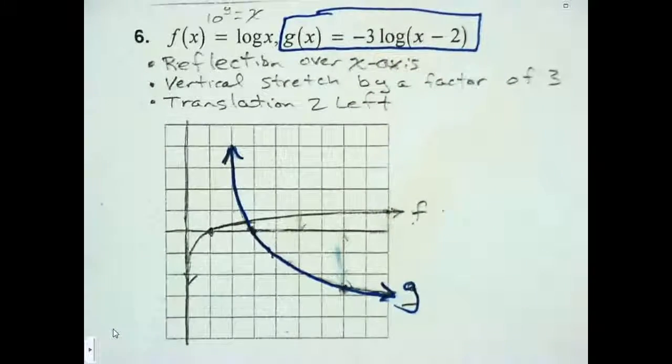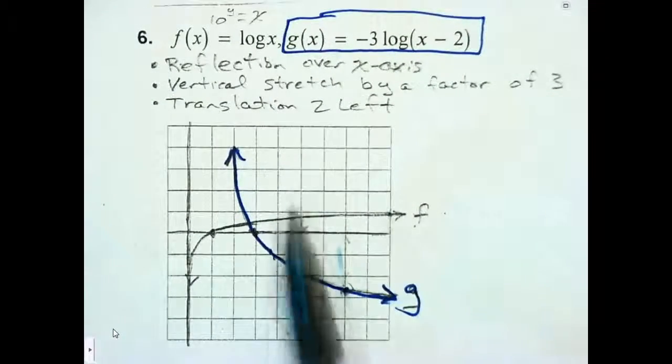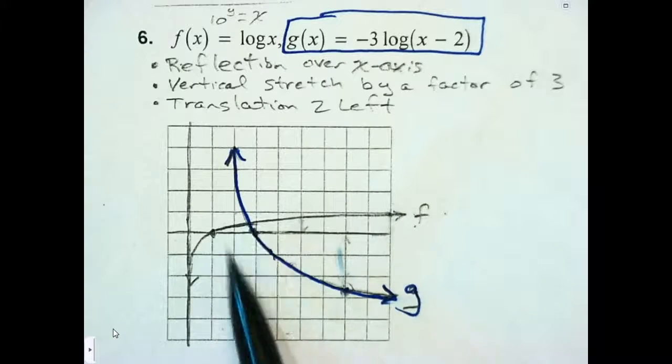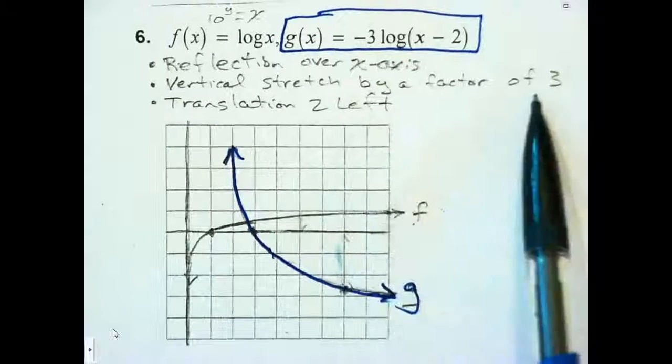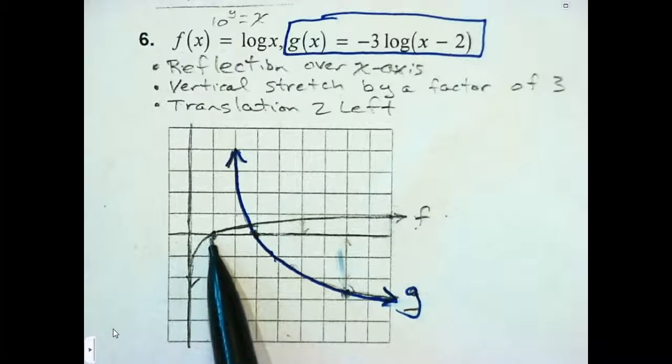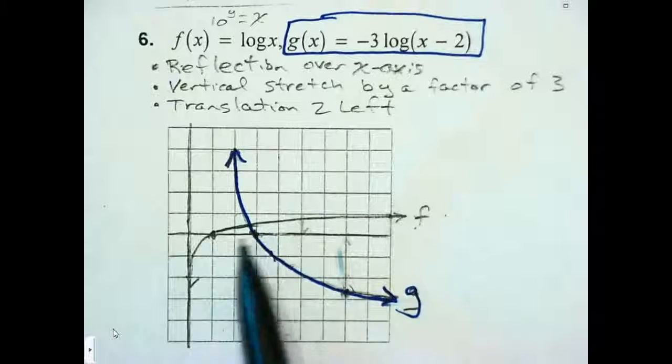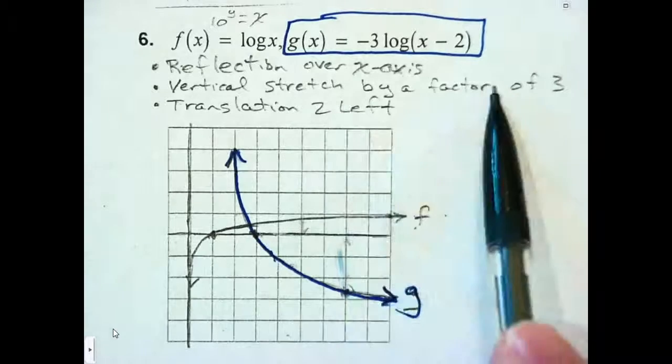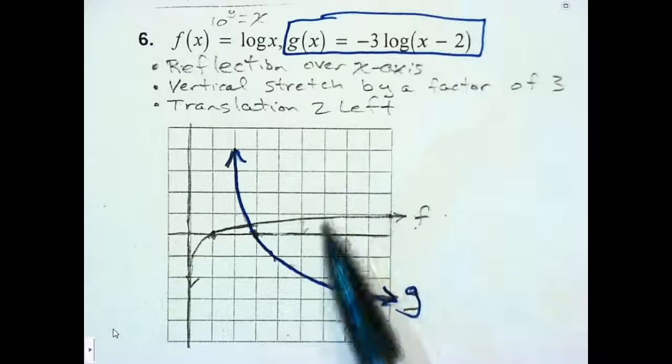All right. And the last one, number 6, we got a reflection over the x-axis. So we have our graph of f, we reflect it, then we stretch it by a factor of 3 and translate it 2 to the left. Okay? Now you can see the translation real easy with the x-intercept because the x-intercept doesn't get any closer to x because it's already there. But when we're stretching it by a factor of 3, you're stretching it away from the x-axis.